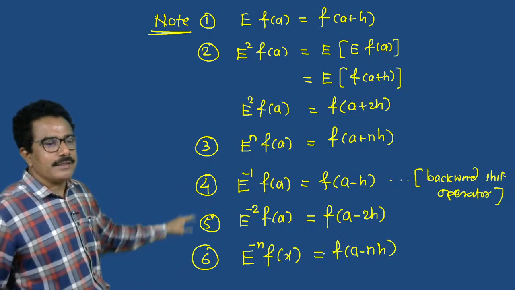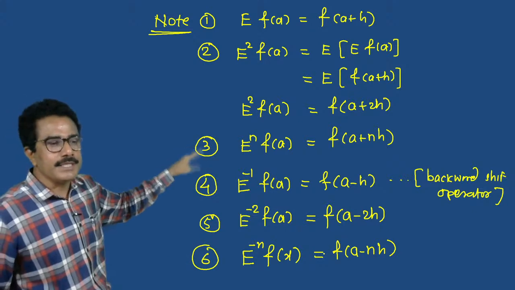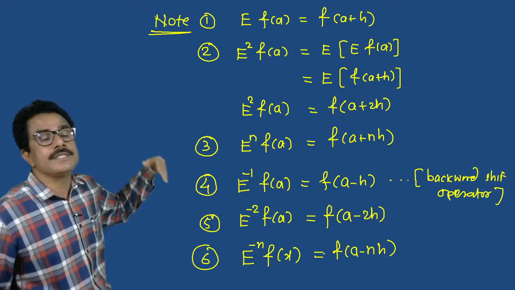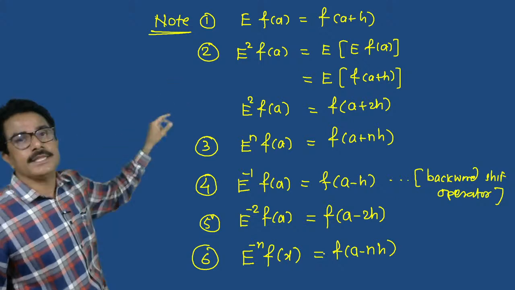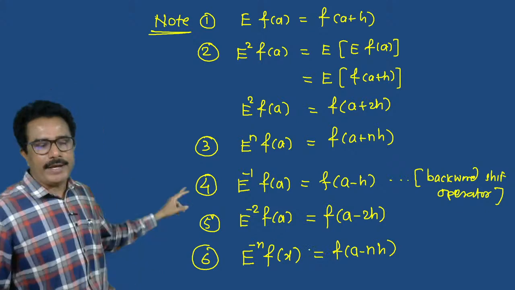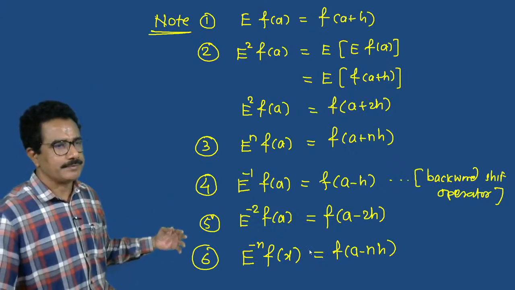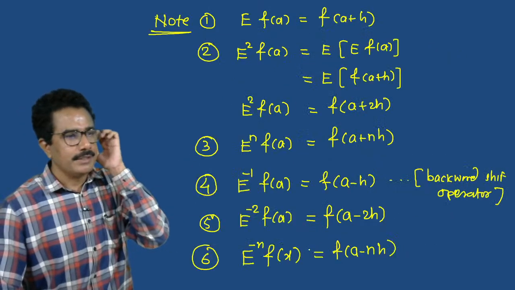These are negative ratios. So this represents the backward shift operator. These are 1, 2, 3, the forward shift operators. 4, 5, 6 are the backward shift operators. Next, number 7.